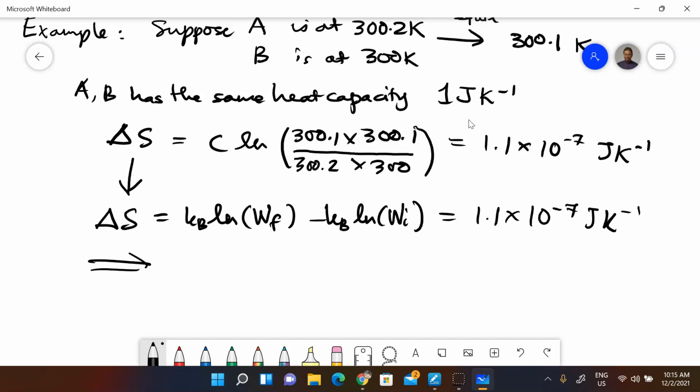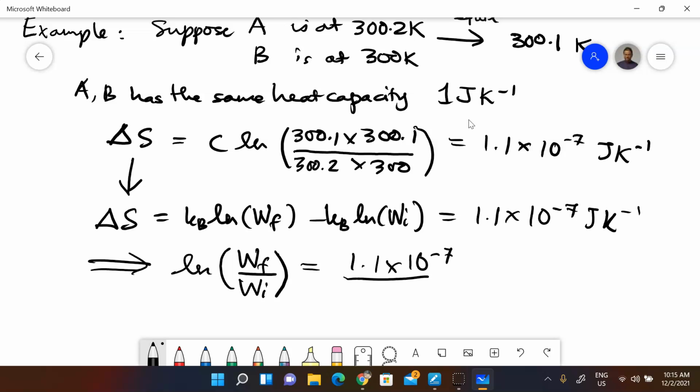So that would tell us that the log of Wf over Wi is equal to 1.1 times 10 to the minus 7 divided by kB, which is 1.38 times 10 to the minus 23, and that is enormous: 8 times 10 to the power 15.